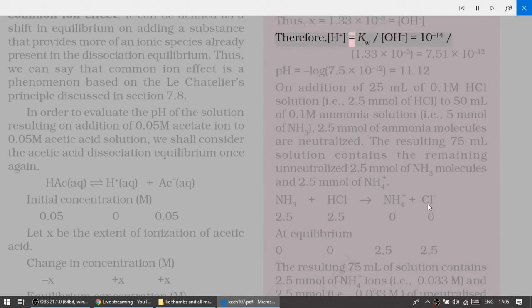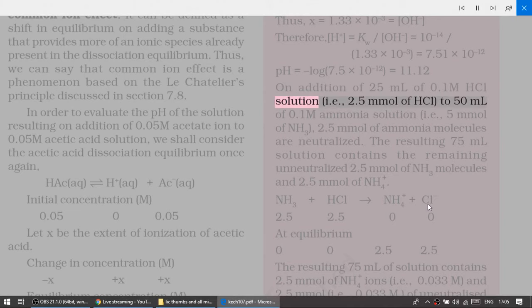Therefore, [H+] = Kw/[OH-] = 10^-14/1.33 × 10^-3 = 7.51 × 10^-12. pH = -log(7.5 × 10^-12) = 11.12.